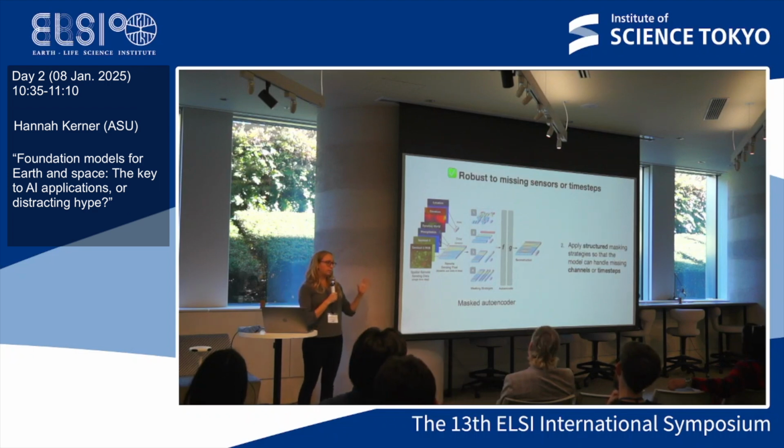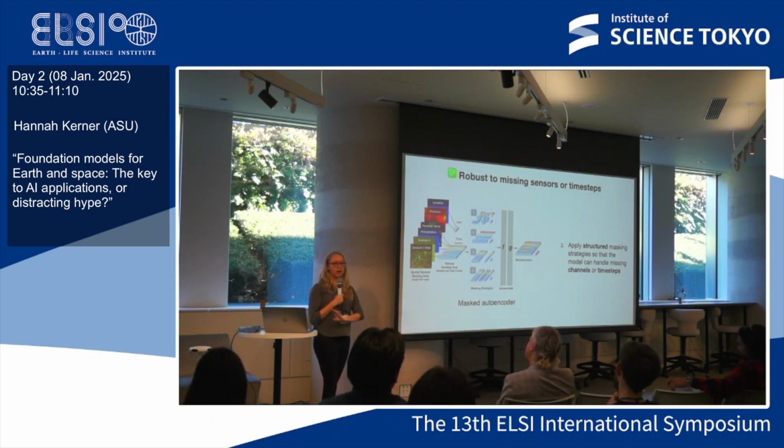And when we do this masking for the reconstruction, we're not doing it randomly. We're doing it in a structured way that's based on the kind of missing data that we see in remote sensing. So we want the model to be robust to missing data when it's deployed. And so we will mask out an entire sensor, for example.